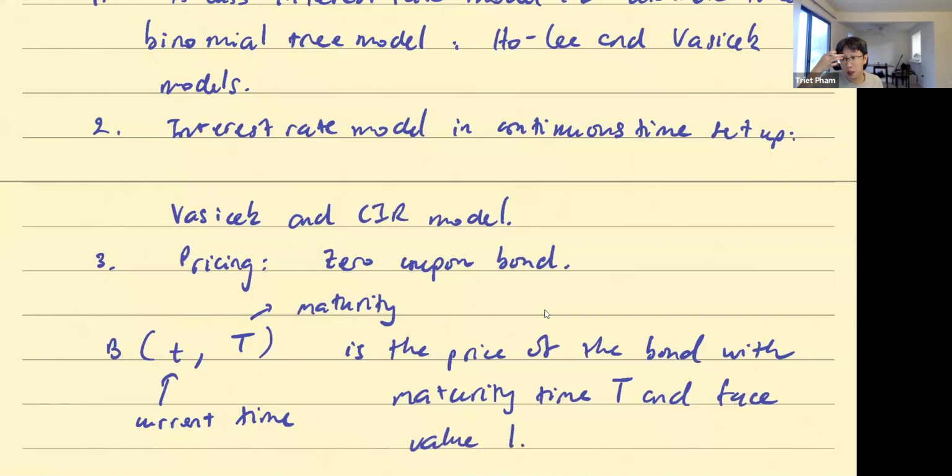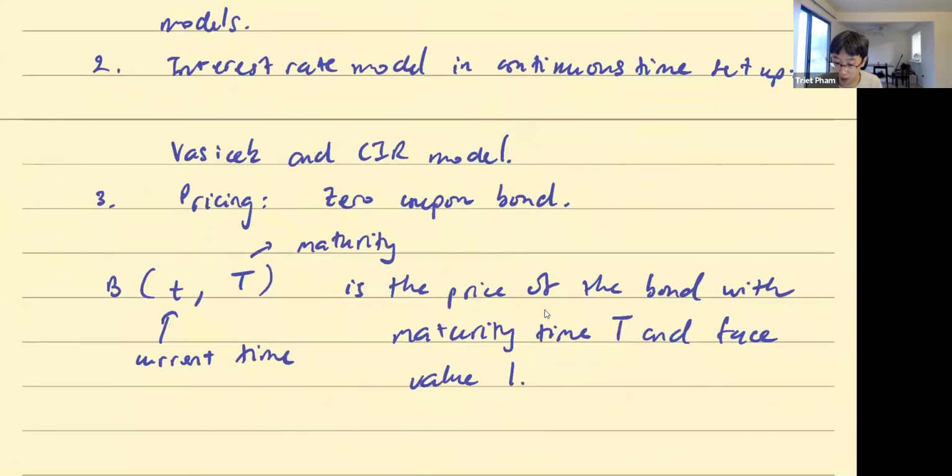That means the holder of the bond by time big T can come and claim, receive $1 from the seller, which could be the US government or someone like that.